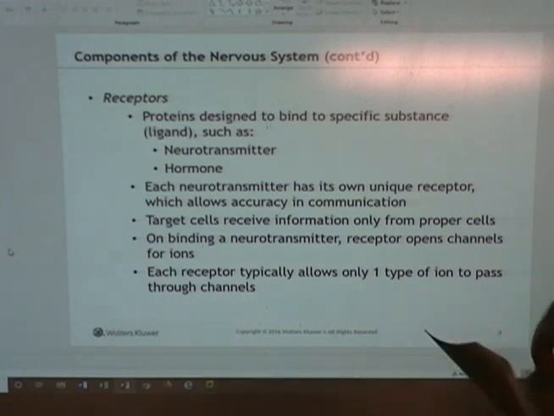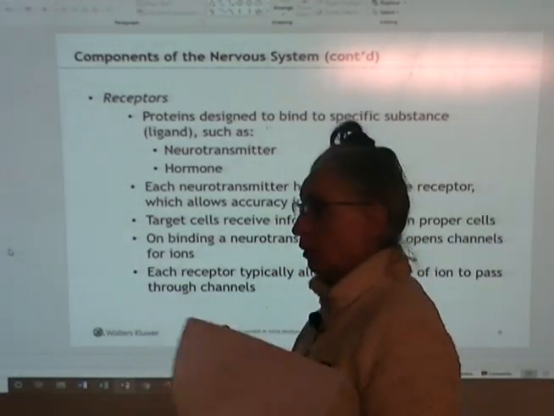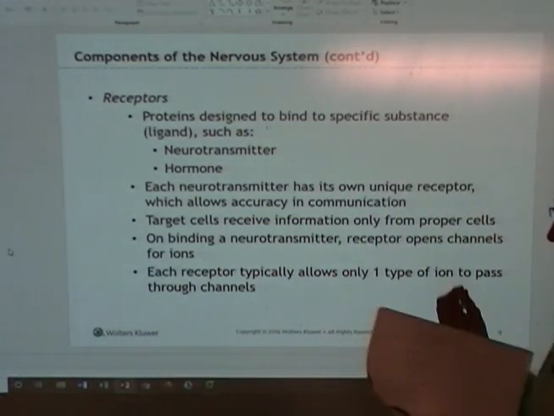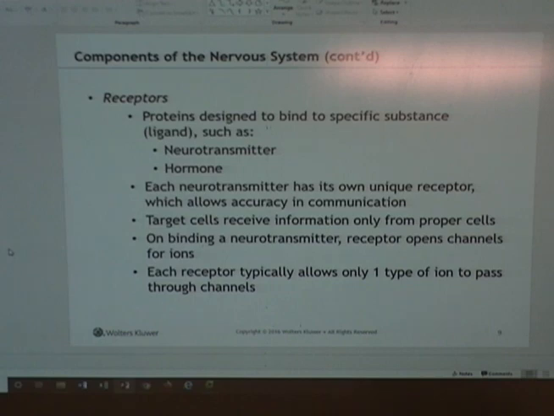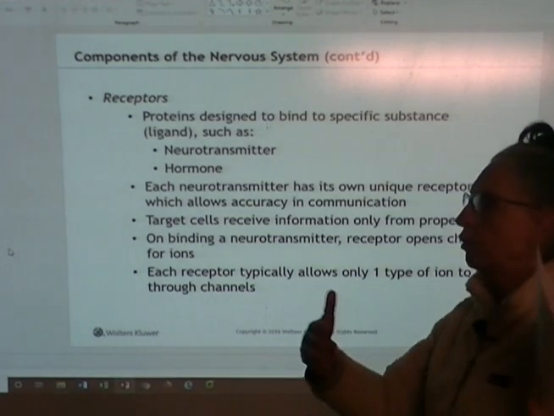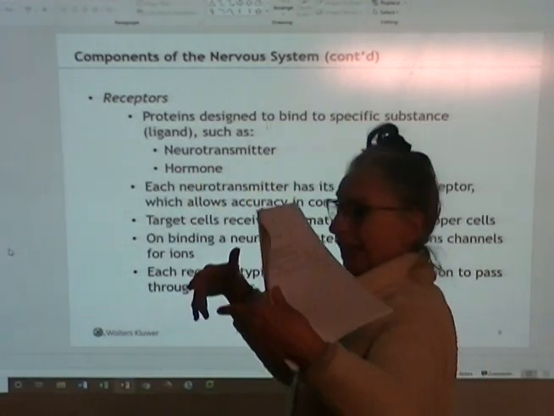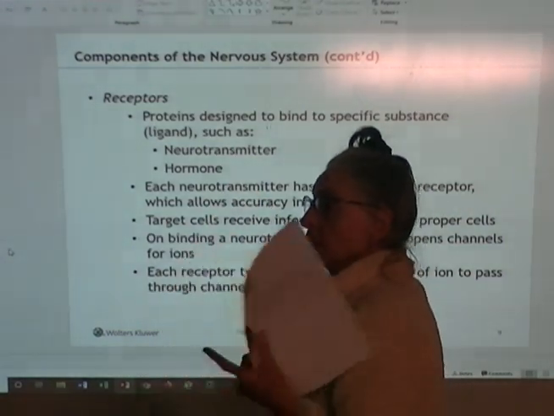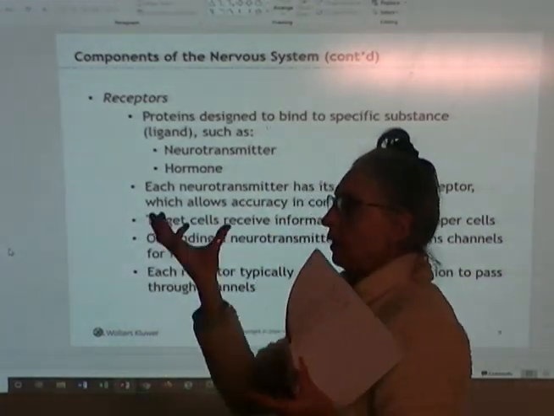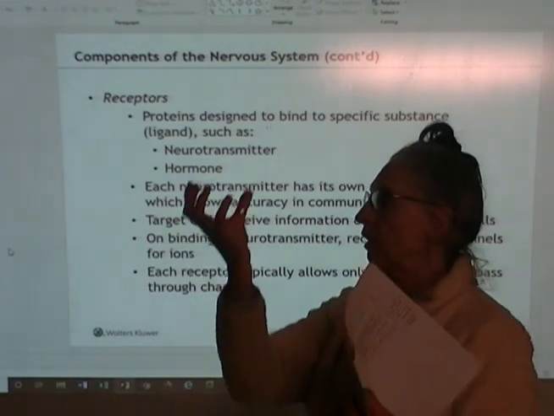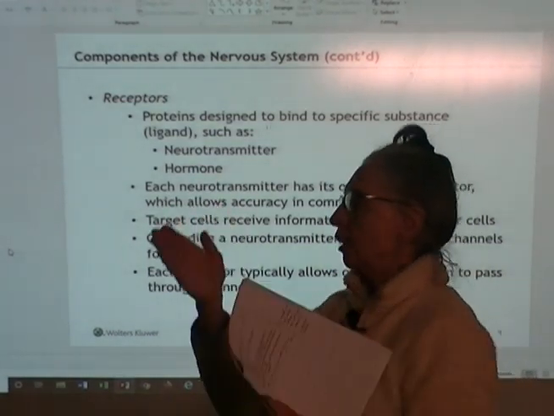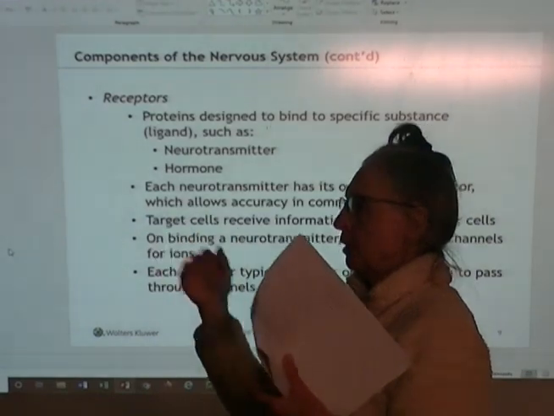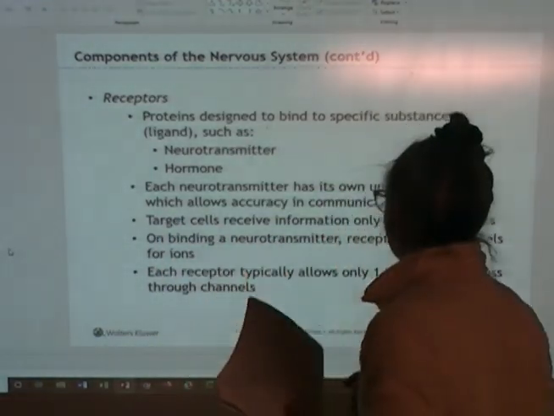So each neurotransmitter throughout the body has its own particular kind of receptor, and that's good because we've got all these chemicals flooding around all over the place. If the receptor could attract any chemical, then the rest of the process might not work properly, right? So each receptor is very specific, and that allows for accuracy in transmission of information around the body.